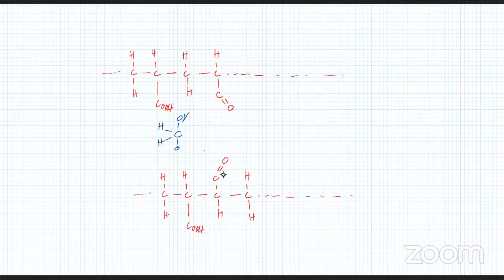Previously the two carboxylic acids were not reacting with each other, but they ended up reacting with this other molecule, which is known as a cross-linking molecule. The carboxylic acid reacted with the alcohol and ended up forming an ester, and that results in the creation of a crosslink.